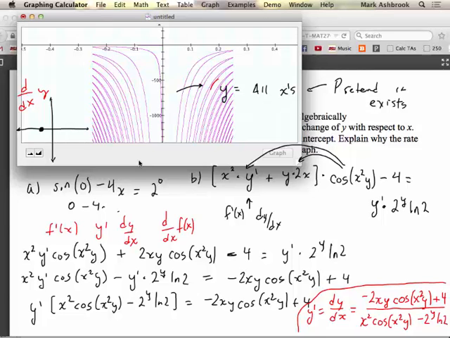Here's the reason why we need y's and x's to get the rate of change. What if x was 0.1? There'd be lots of points with x equals 0.1. You'd have this point, and this point, and this point. So just x equals 0.1 refers to many, many ordered pairs x and y that make that graph true.